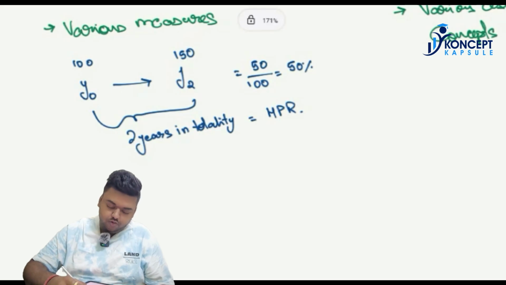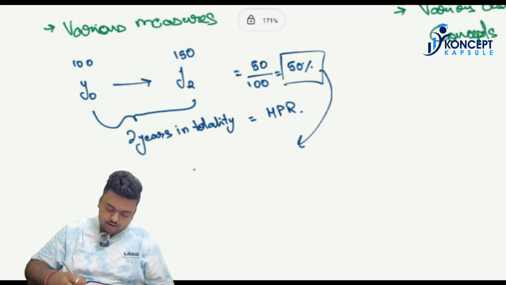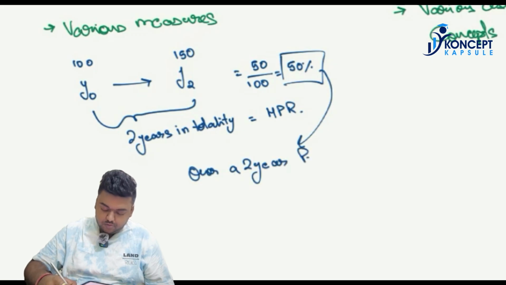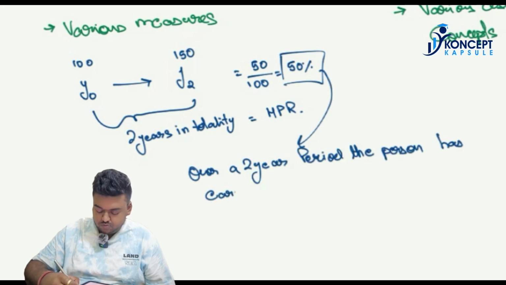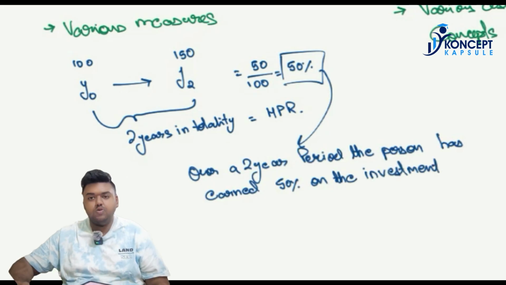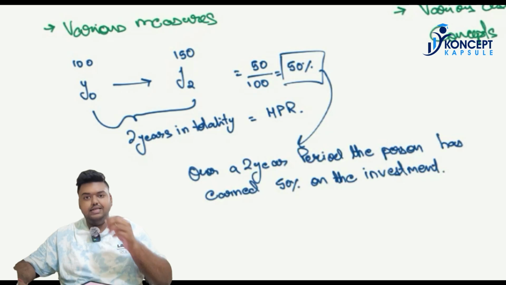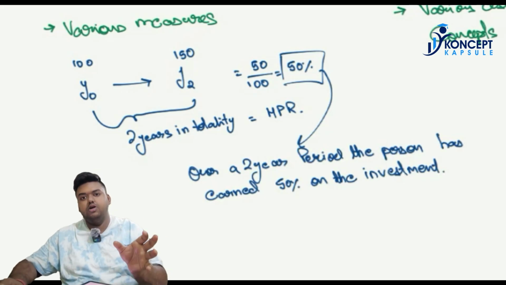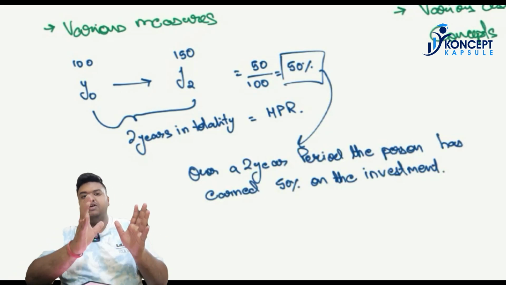So over a 2 year period, the person has earned 50% on the investment. It is not annualized, it is the total return that you have earned for the entire period for which you have held the asset.